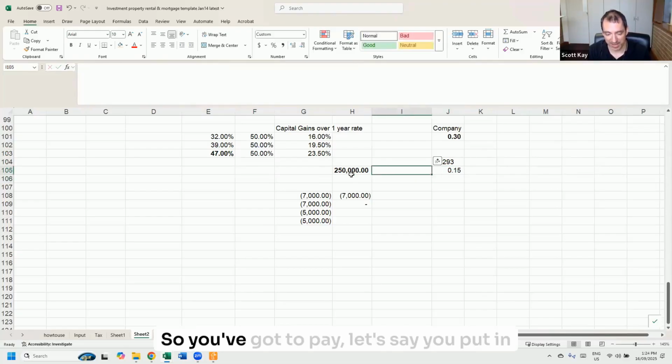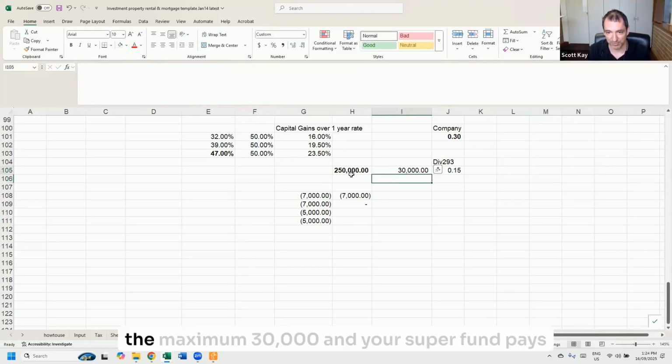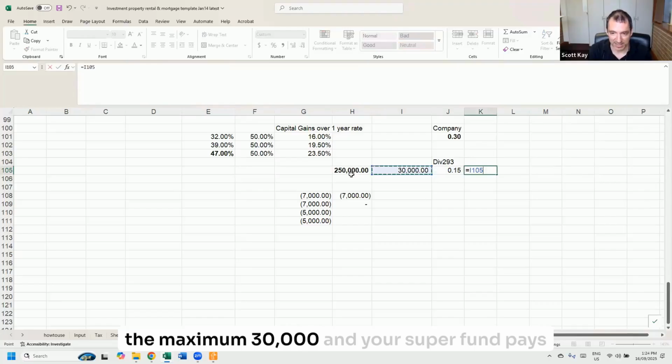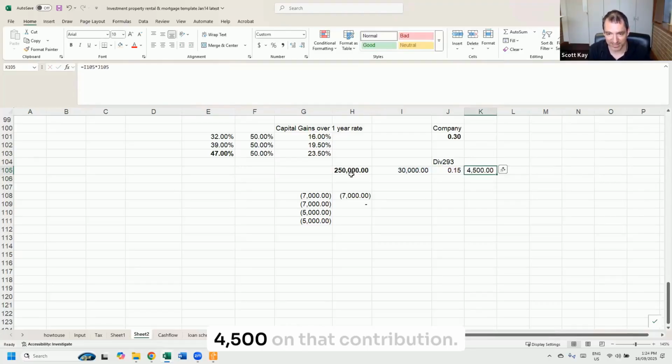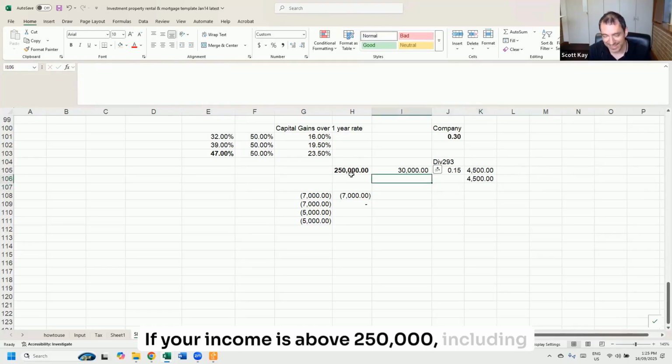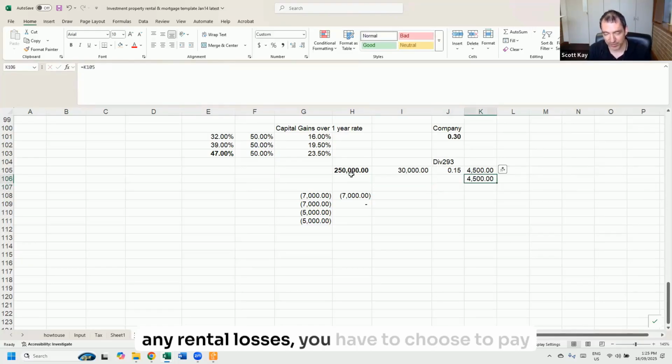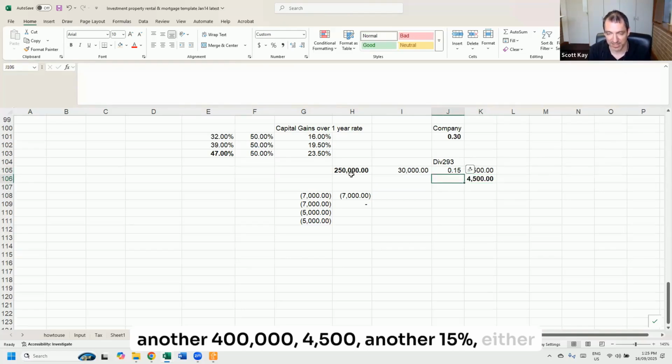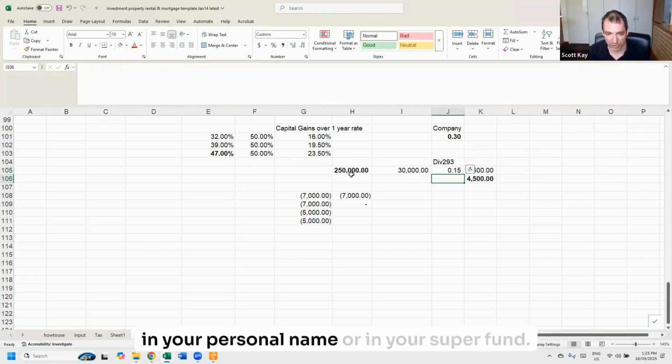So let's say you put in the maximum 30,000 and your super fund pays 4,500 on that contribution. If your income is above 250,000, including any rental losses, you have to choose to pay another 4,500, another 15%, either in your personal name or in your super fund.